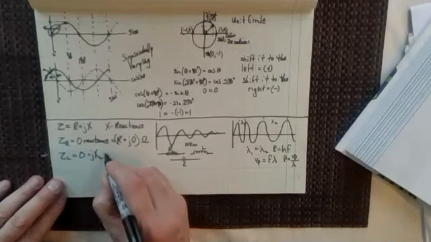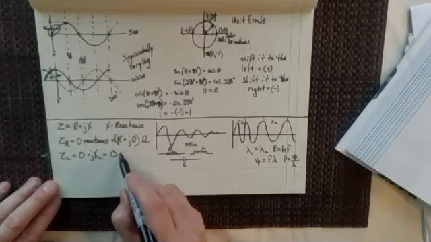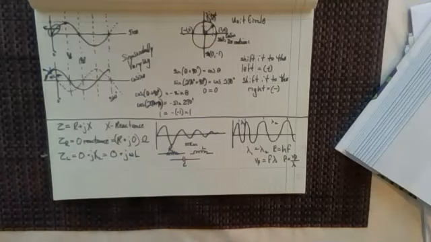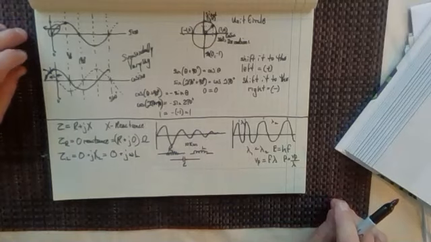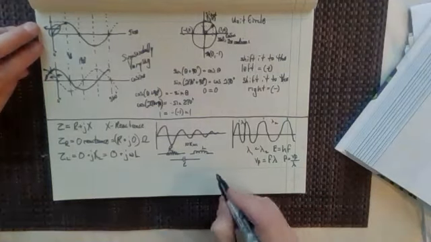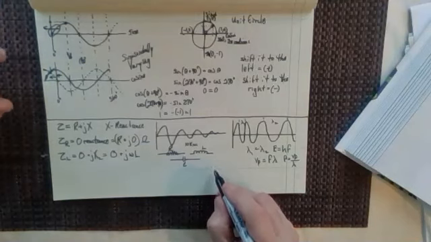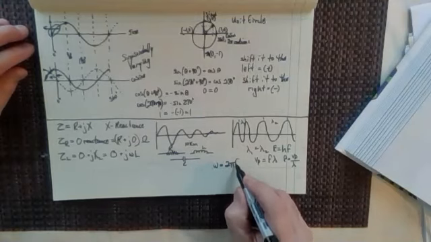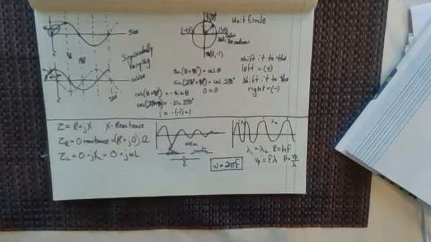I'm going to say X sub L, and it's 0 plus J omega L. And what is omega? Omega is the angular frequency. We've said this before, and I've always said this to all of the students that I teach AC network theory to: I say omega, you say 2 pi f. And this is so useful in all aspects of engineering.